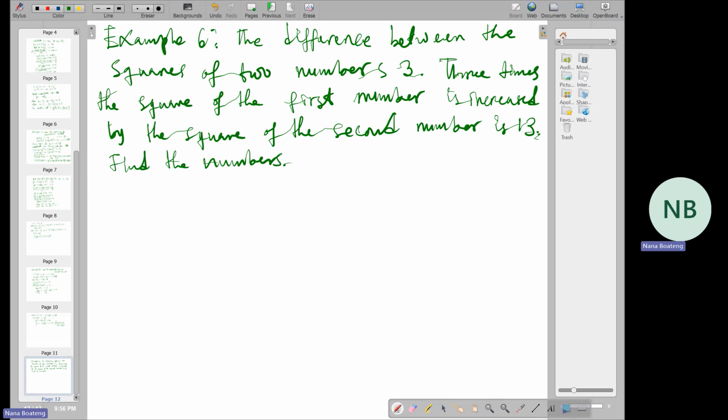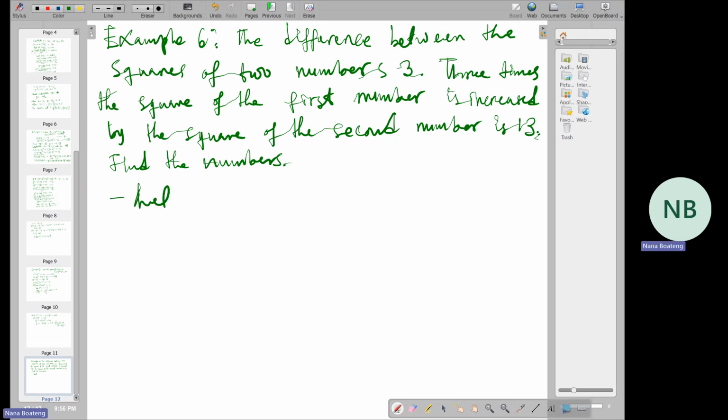Okay, so we are told the difference between the squares of two numbers is 3.